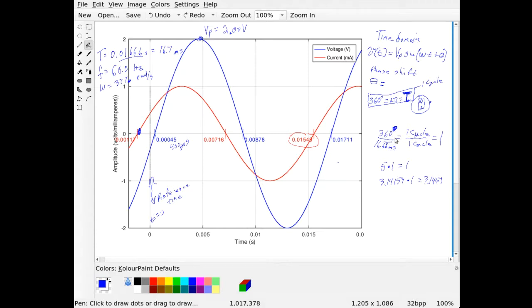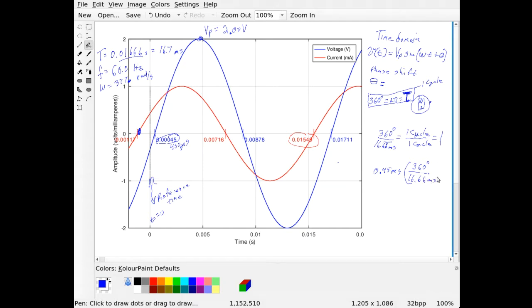We're multiplying by 1, so we're not changing the value, we're just changing the units. We're going to take this time here, which is 0.45 milliseconds, and multiply it times 360 degrees divided by our period, which I put in milliseconds.